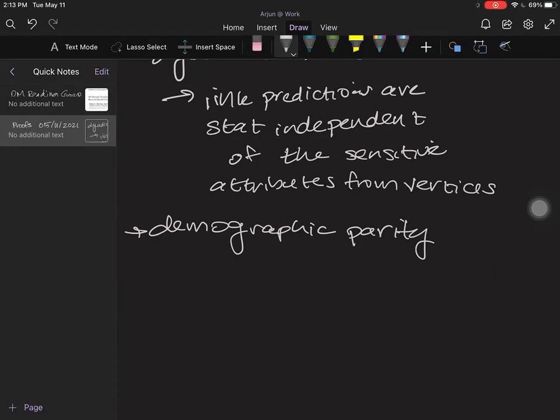The demographic parity measure essentially says that the probability of the classifier output, so in this case, the graph neural network output or link prediction output, given any sensitive attribute, should just be equal to the probability of the classifier output. So there shouldn't be a shift in this distribution. You want the conditional probability distribution to be very, very close to the probability of just the classifier output distribution.